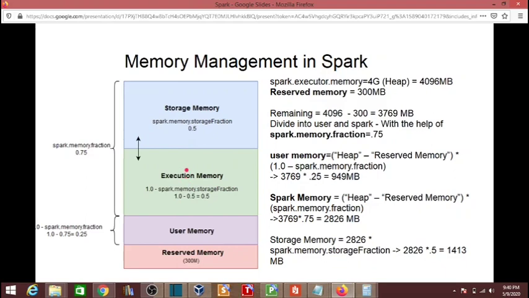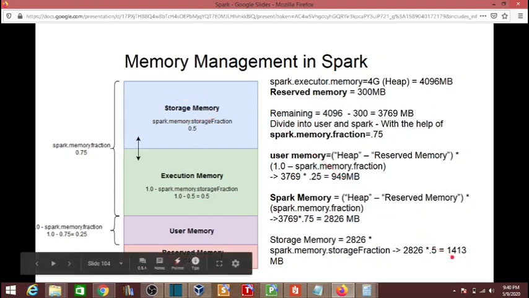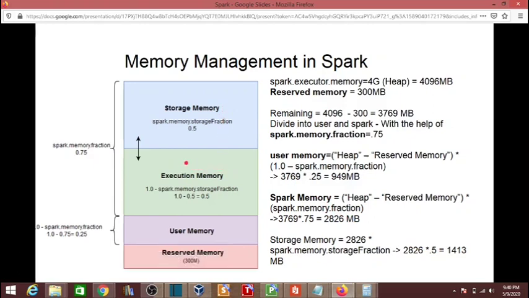What is the meaning of borrow? If storage memory requires some more memory other than this 1413 MB, then it can borrow the remaining amount of memory from this part. That is the dynamic memory management.